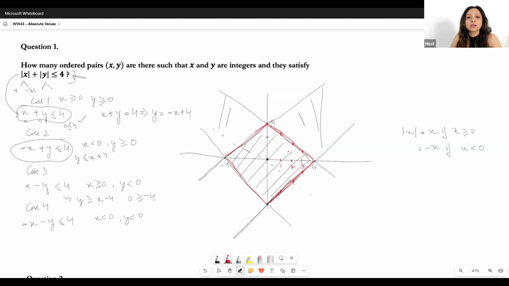If I were to be asked how many ordered pairs are there such that x, y are integers and they satisfy mod x plus mod y is equal to 4, for example, then these are the lines that satisfy, right?